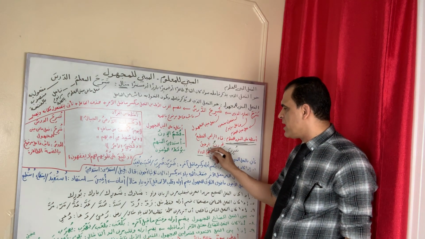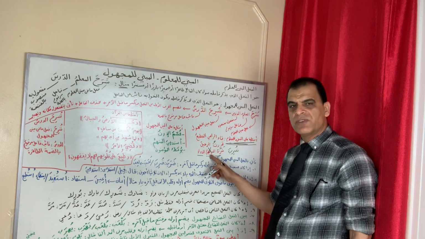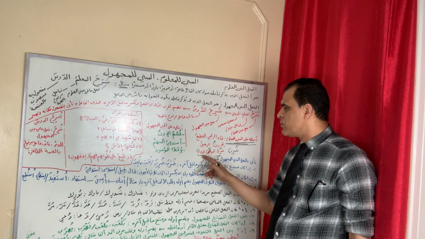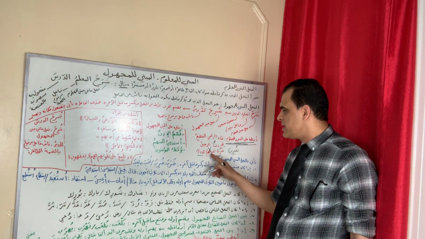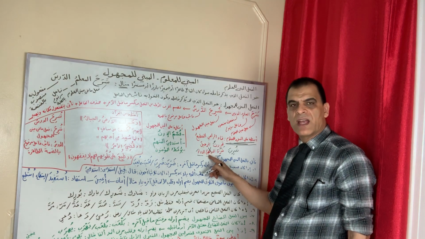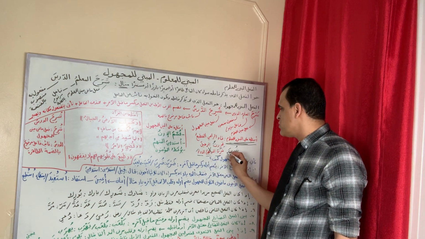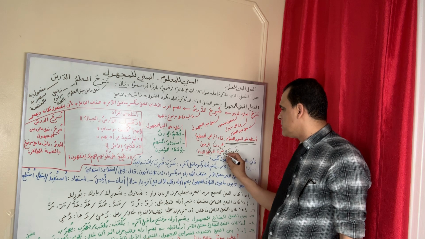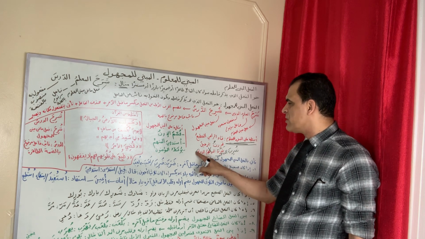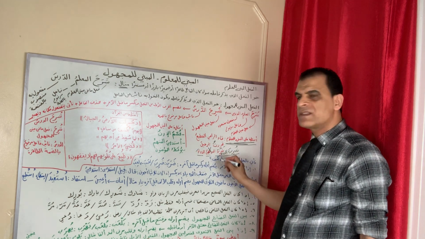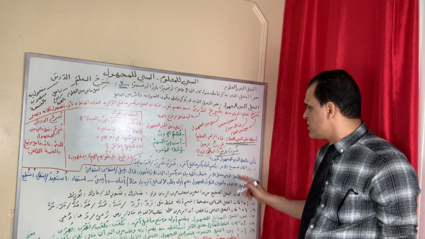And we take off the subject, and the object takes the place of the subject, and it becomes شُرِب الدواء. And we switch الفتحة to الضمة. Now it's a passive sentence: شُرِب الدواءُ.